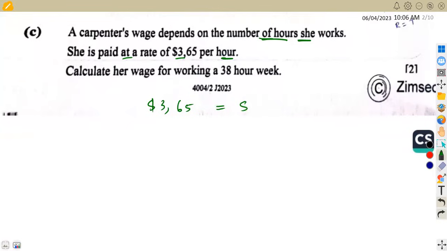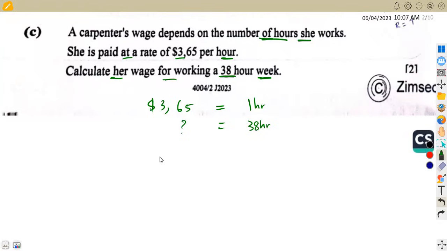Then we are asked to calculate her wage for working 38 hours per week. So if she is to work 38 hours in a week, how much is she going to get as a wage by the end of the period that you are given?